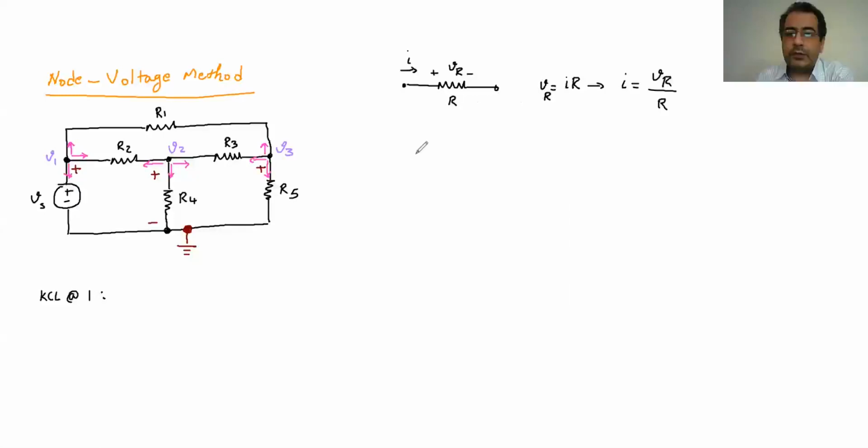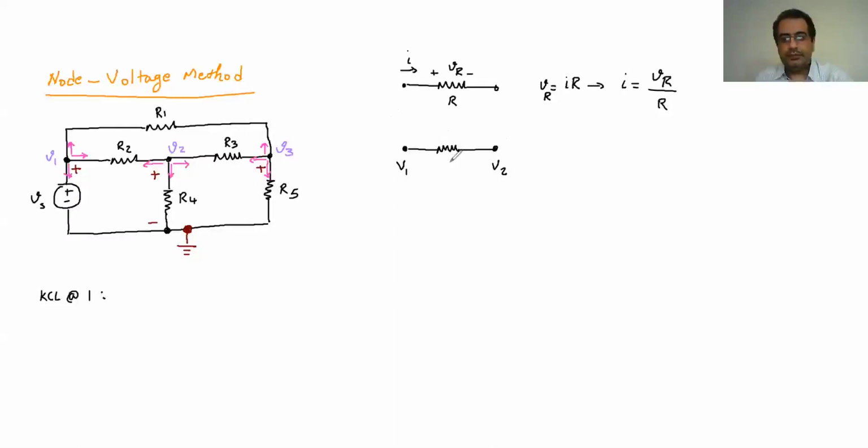Now, when we are talking about node voltage, remember this: if I have, for example, V1 here, and then I have V2, and there's an R here.